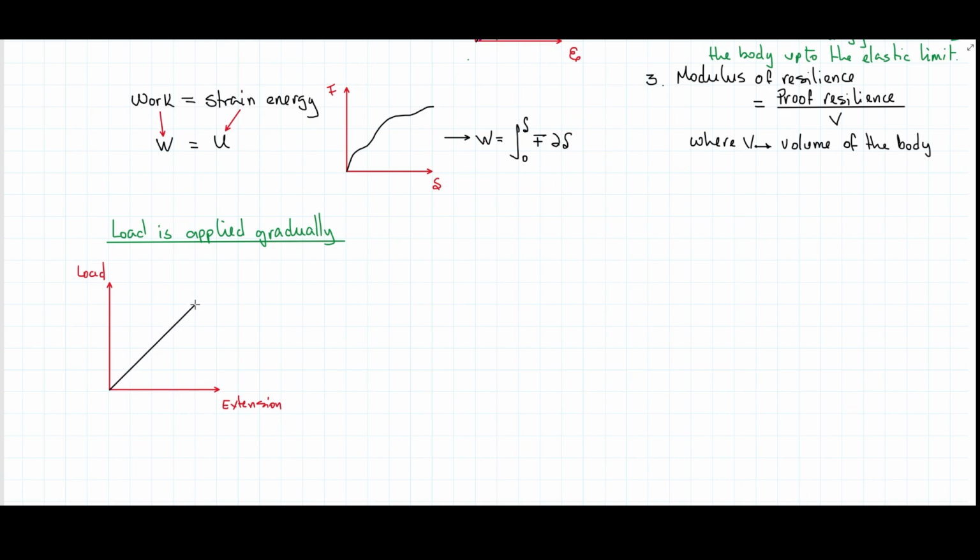The extension grows proportionally with the load, something like this. So it goes from the origin to this point here that we call M. This extent here is the load applied, we call it F, and this here is the extension, and we call it X, just to simplify things.